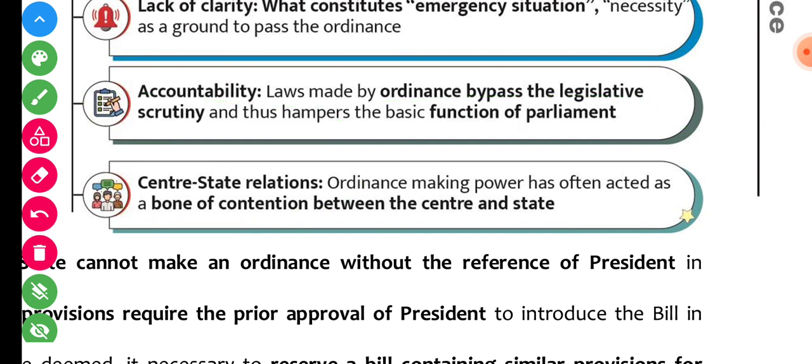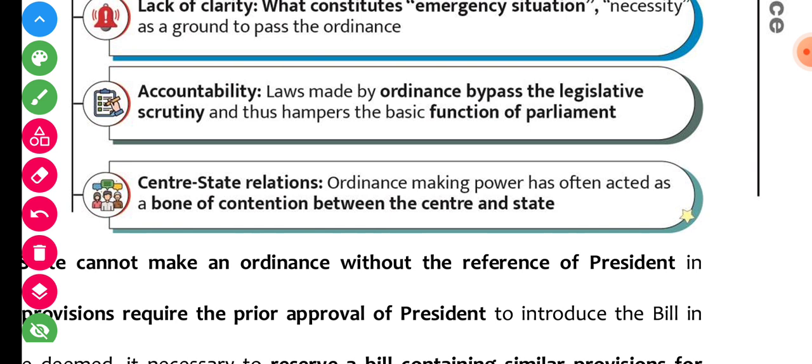And center-state relations. Ordinance making power has often acted as a bone of contention between the center and state, because, for example, in Bihar, the ordinance making power of the governor was used when the legislature was in recess.